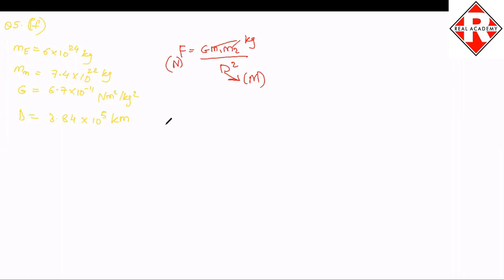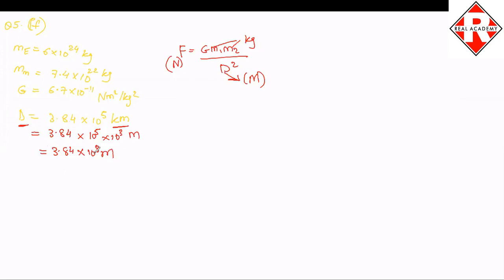Right now, in the given data, the distance between Earth and Moon is given in kilometers. So I have to convert it. It will become 3.84 into 10 raised to 8 meters. The kilometers, 10 raised to 5 plus 3, becomes 10 raised to 8 meters.